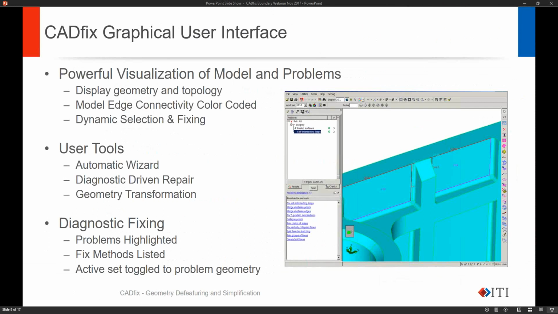This then lists the fix methods below it, and when we make a selection on the highlighted problems, it groups together all those problems into a single set, so the tools below only apply to that set. So this allows us to focus the use of the tools on only the part of the model that requires it. This ensures that we don't start upsetting the good pieces of the model.